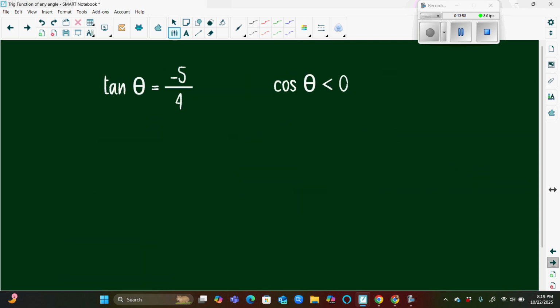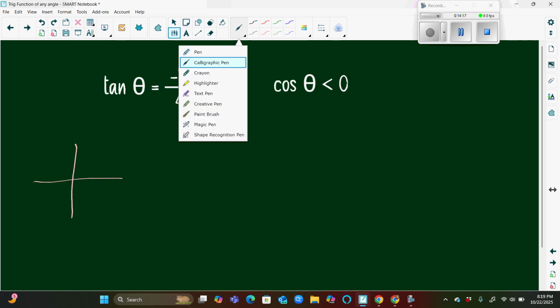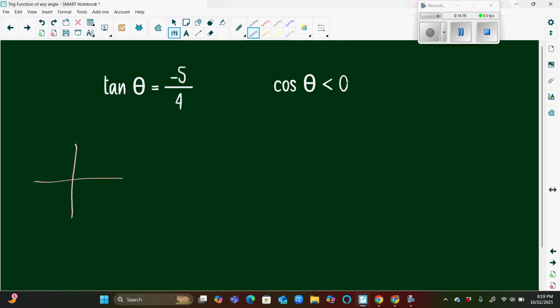All right, so this example, we're going to do the same thing. Tan theta is negative 5/4. We know cosine theta is less than 0. So we're going to find the 6 trig functions for this situation here. So if tan is negative, think about your quadrants. Tan is negative where sine and cosine have different signs.